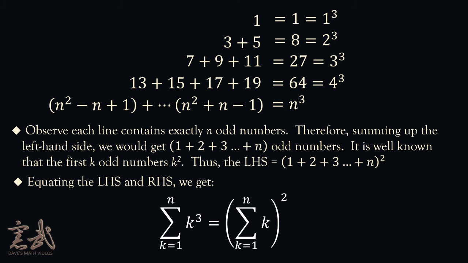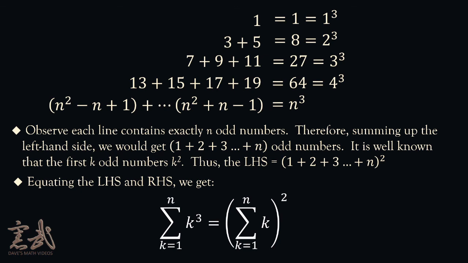Going back to our original problem statement, we can see that each line contains exactly n odd numbers. Those n odd numbers are the next odd numbers from the line above it. Therefore, if we sum up the left-hand side, we would get the first 1 plus 2 plus 3 going all the way up to n odd numbers.